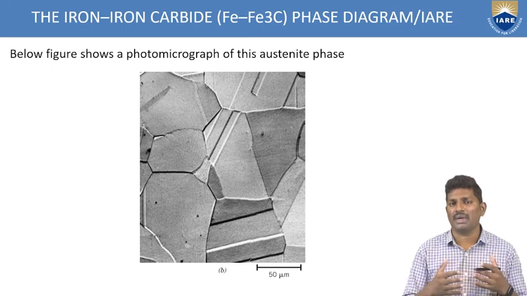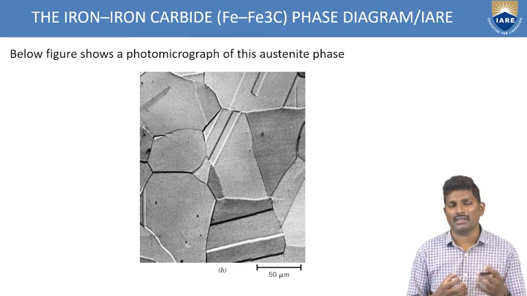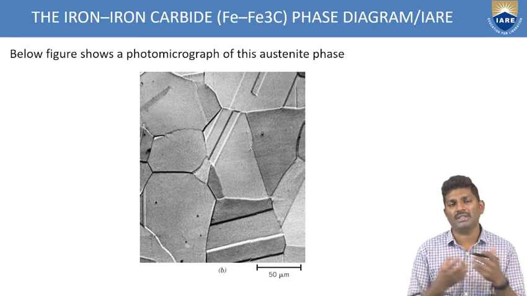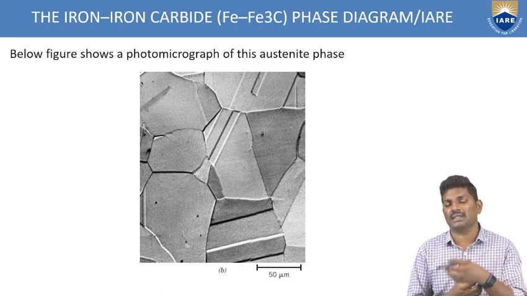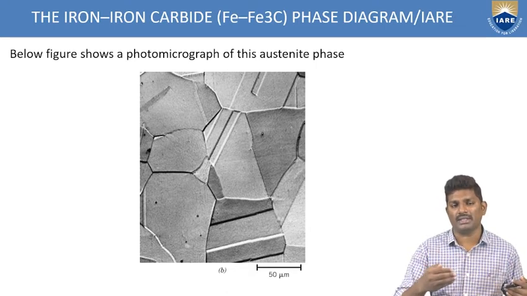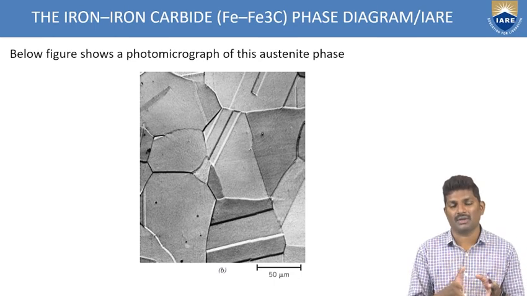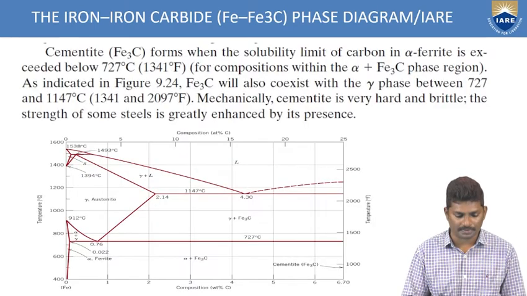If you compare the microstructure of the ferrite with the austenite, the solubility limit and carbon content are increasing. This is how you look at the solid structure of the austenite phase.